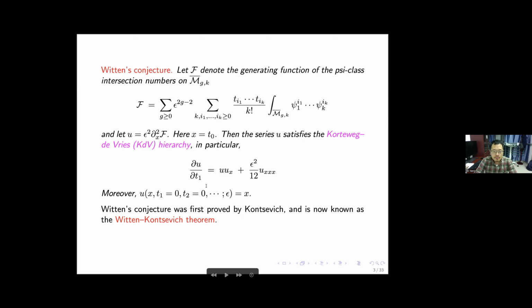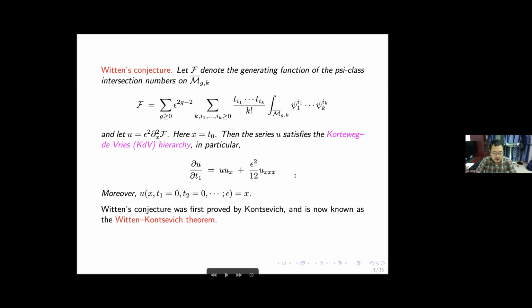So for an evolution system, if we have the initial value together with this hierarchy, we can uniquely determine U. And then using theory from integrable systems, we can determine the free energy. So from Witten's conjecture, in principle, we can compute all these numbers.